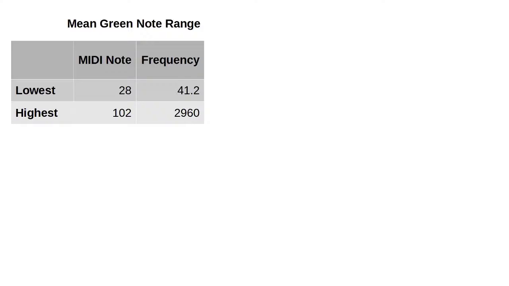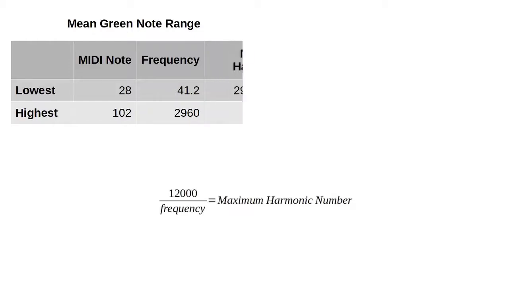These correspond to frequencies of 41 and 2960 Hz. When we generate tables for these notes, we know we want the maximum harmonic to be 12 kHz, as we've discussed. So we can simply obtain it by dividing the frequency into 12,000, which gives 291 harmonics for the low note and 4 harmonics for the high note.